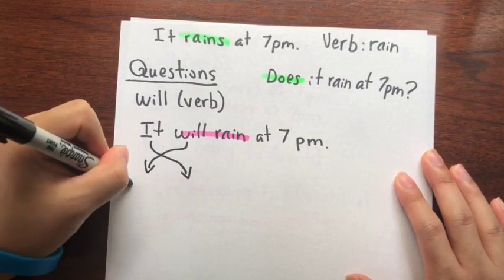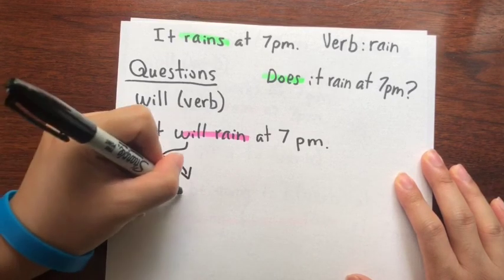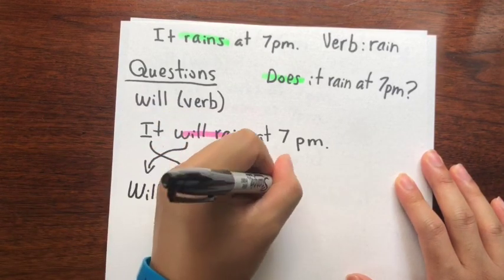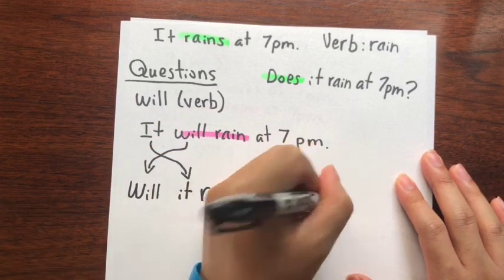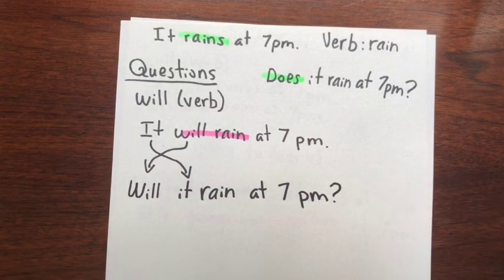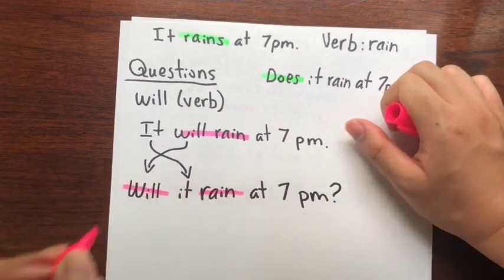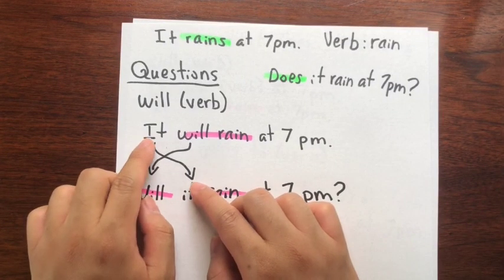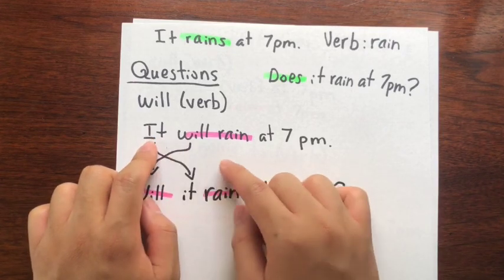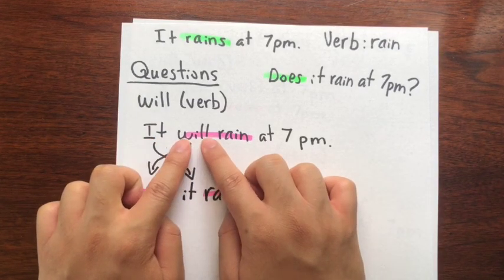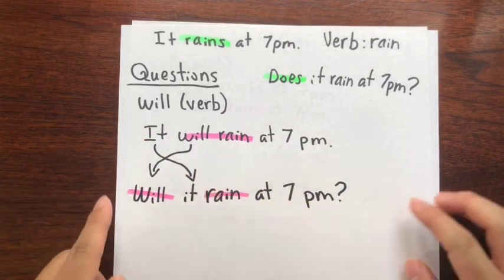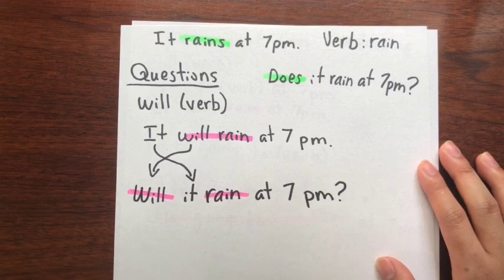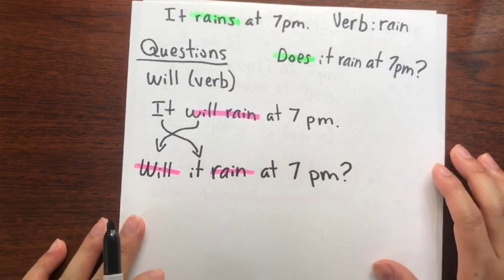So we say, will it rain at 7 p.m.? When we have a question, we switch the subject, it, and the first verb, which is will. So we switch them. It will rain at 7 p.m. Will it rain at 7 p.m.?